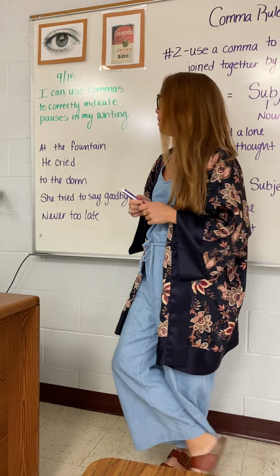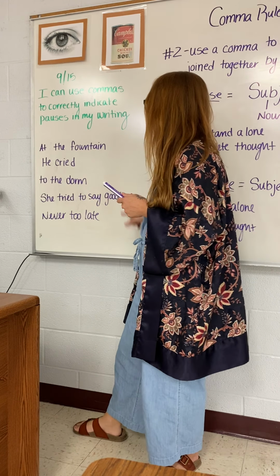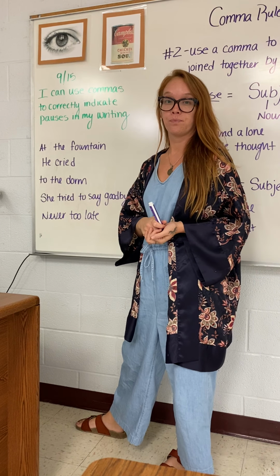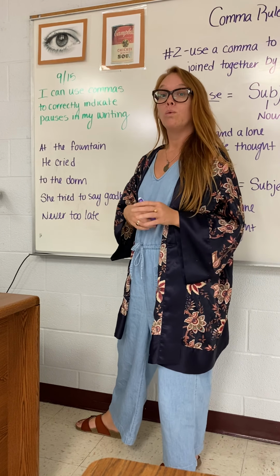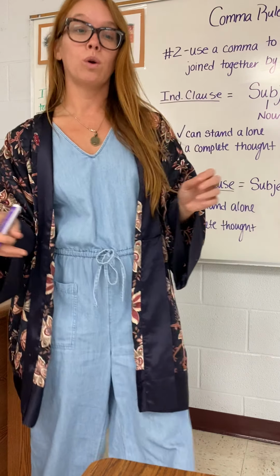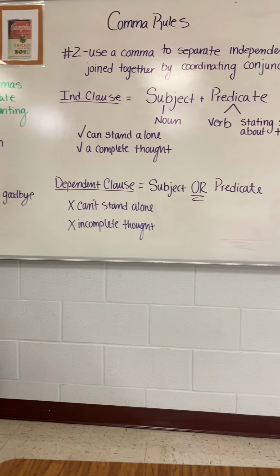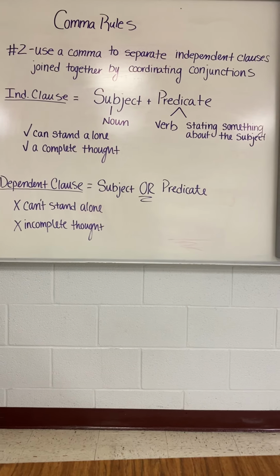You can do that by just putting a check mark next to whichever ones you think are complete sentences. Now, once you've done that, we're actually going to look at what makes a complete sentence, which is going to be an important part of understanding our second comma rule.